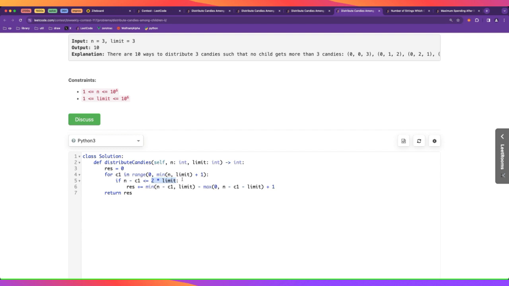Because if it's greater, one of the remaining children will have to have more than the limit, which is what we discussed in Q1.